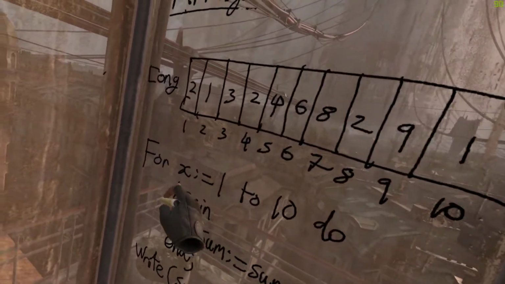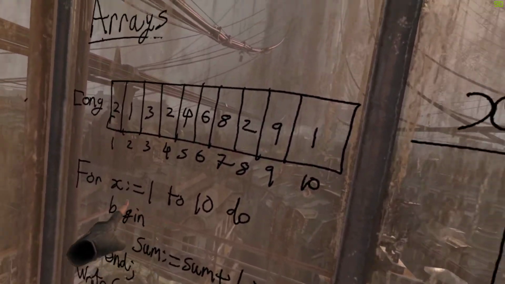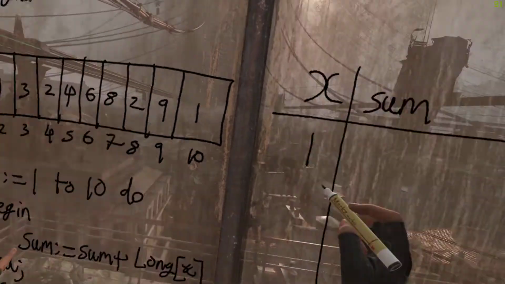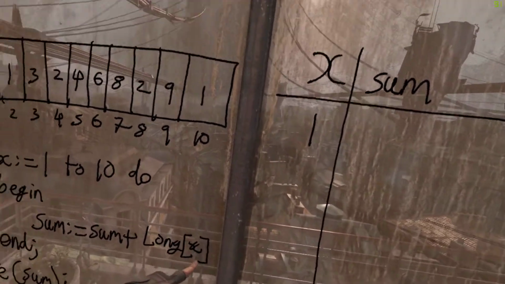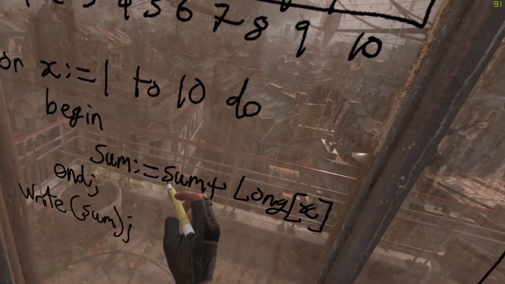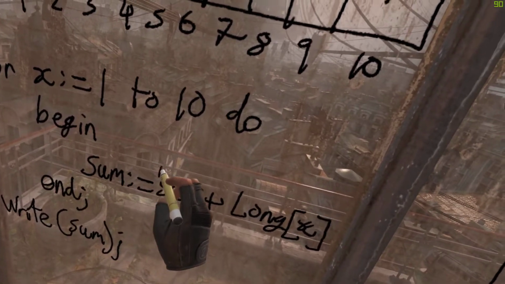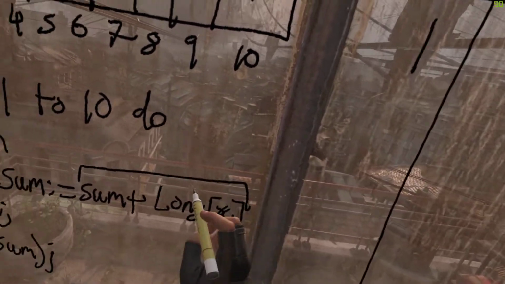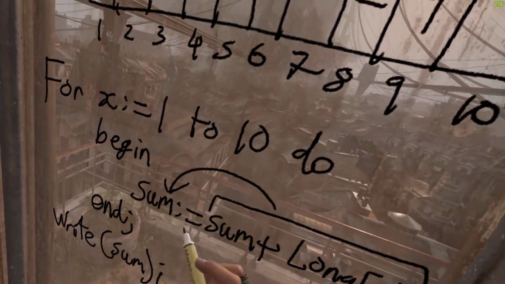We go in the for loop, for x := 1 to 10. So x will become 1. We begin. We say sum := sum + long[x]. Remember how this works: we calculate what's on this side, and we store the answer back in the variable on the left side.